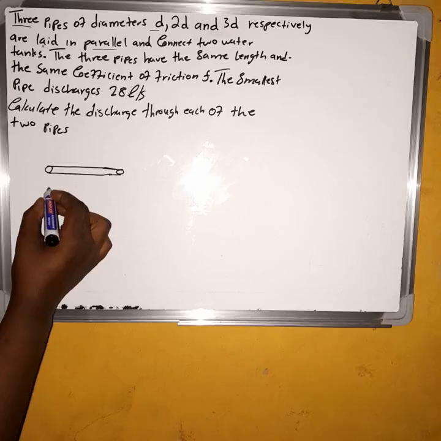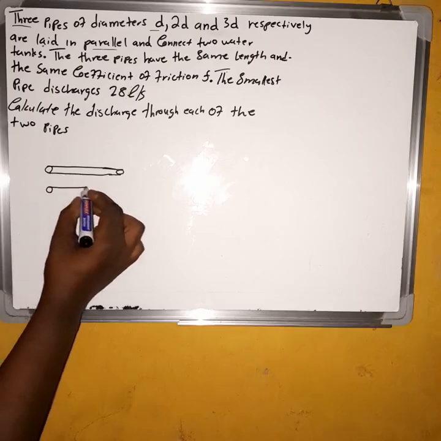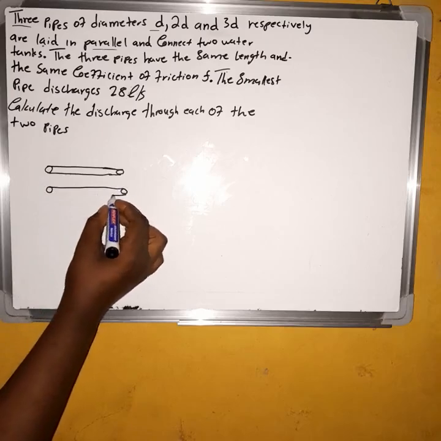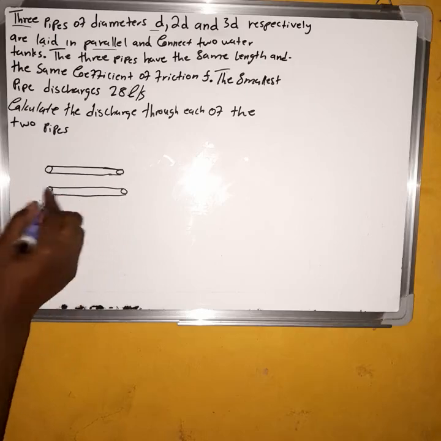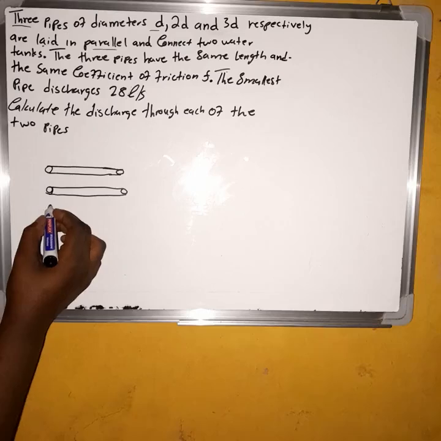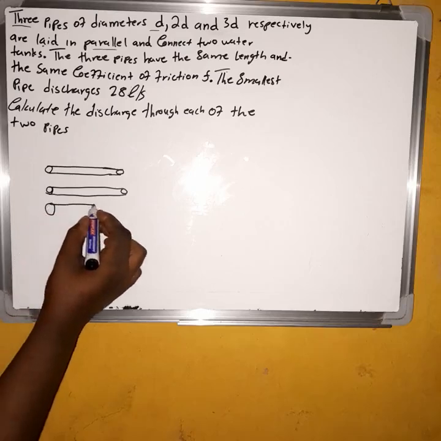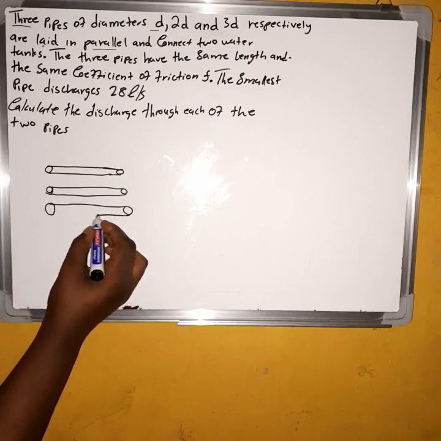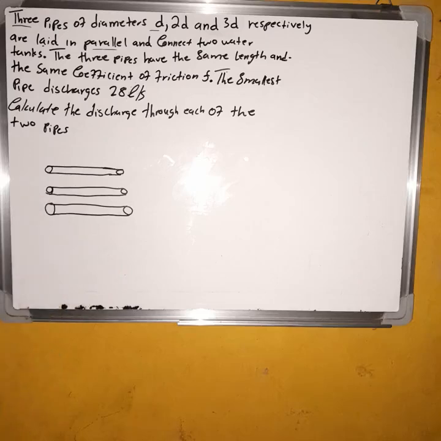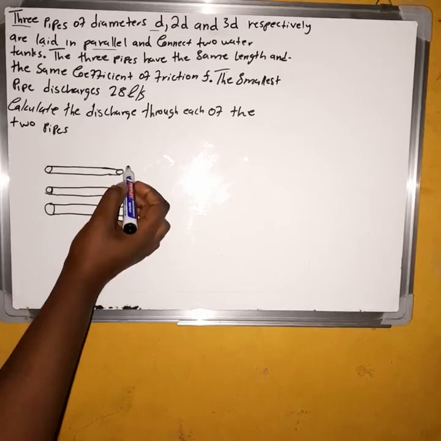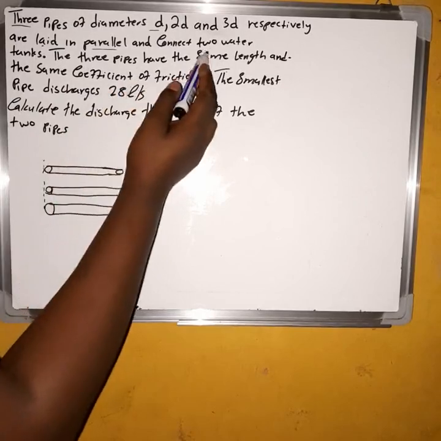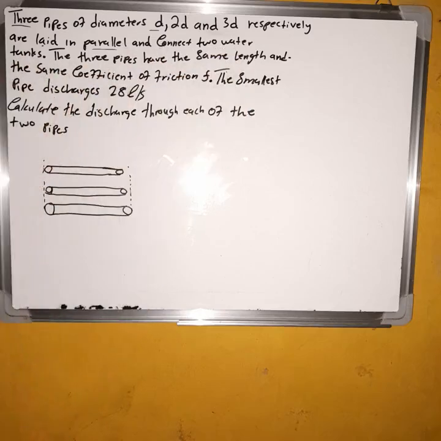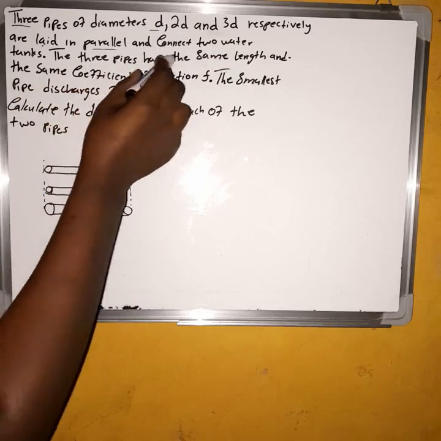Three pipes are laid in parallel. There are the 3 pipes connected to a water tank. The 3 pipes have the same length.